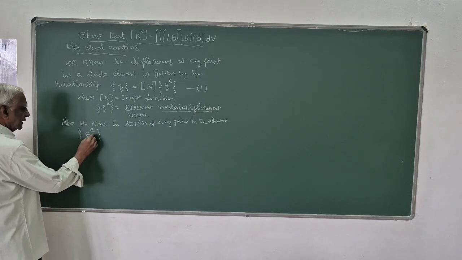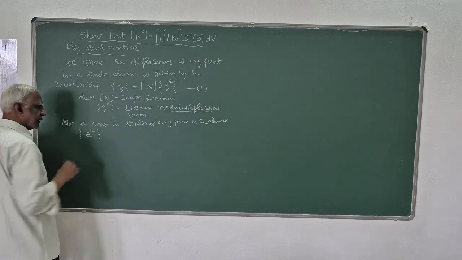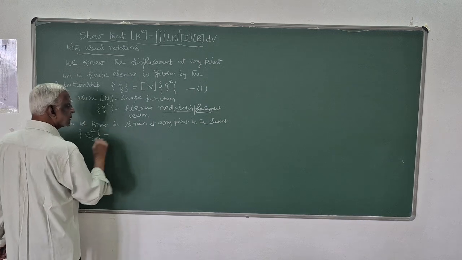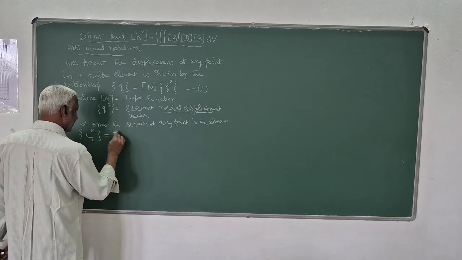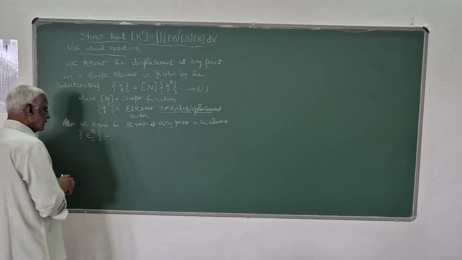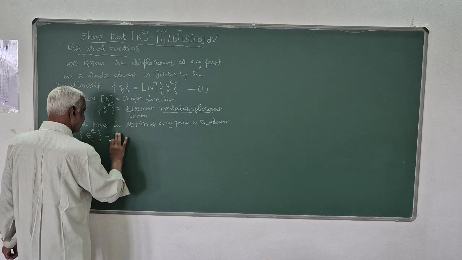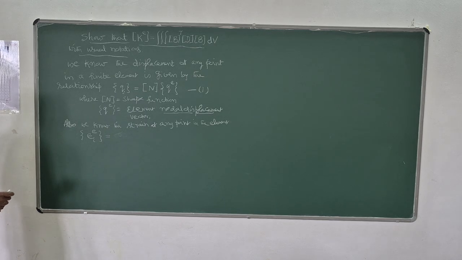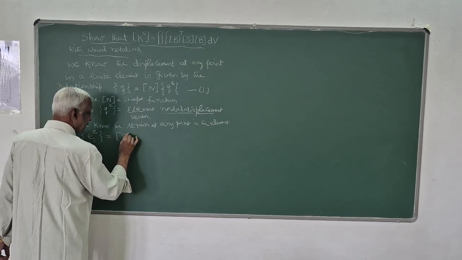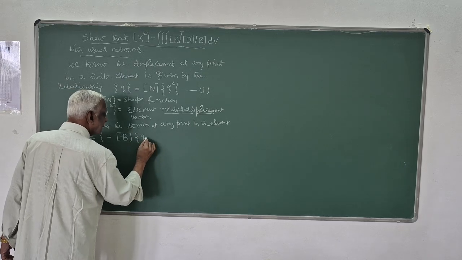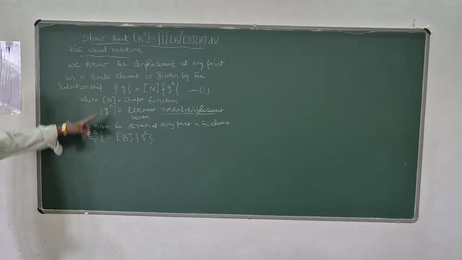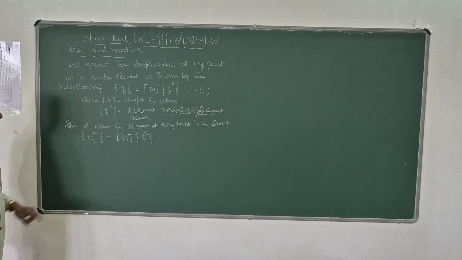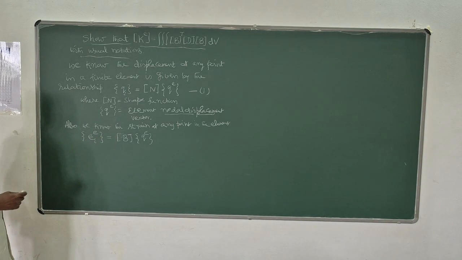At any point, epsilon i is given by the relationship: the change in the displacement by the original length, or we can also indicate it as B times Q e, where Q e is the element nodal displacement, and B is the strain displacement matrix.